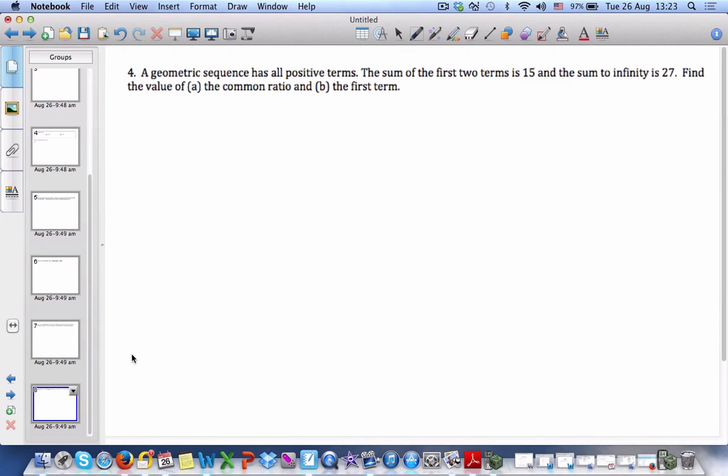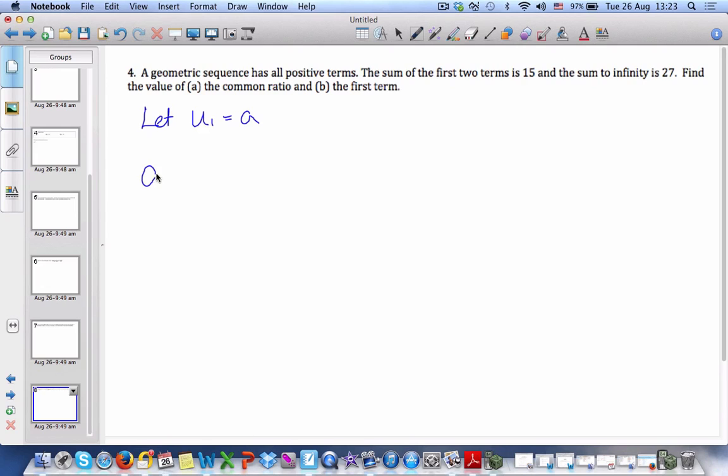Okay, next question was, a geometric sequence has all positive terms. The sum of the first 2 terms is 15, and the sum to infinity is 27. So let's look at that. Sum of the first 2 terms. So let the first term be A, because I don't want to write U1 every time, so I'll just use A instead.